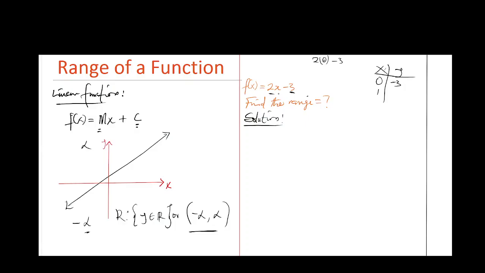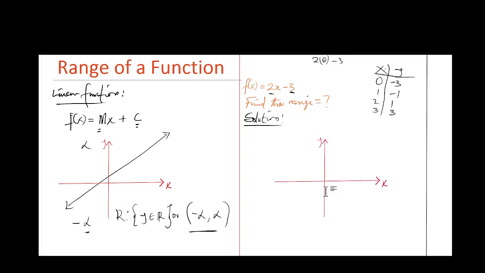The same thing, if we replace x with 1 here, is going to be 2 minus 3. That will give us minus 1. When x is 2, y becomes 2 times 2, 4. 4 minus 3, that is 1. And when x is 3, y becomes 2 times 3 is 6, 6 minus 3, and that will give us 3.